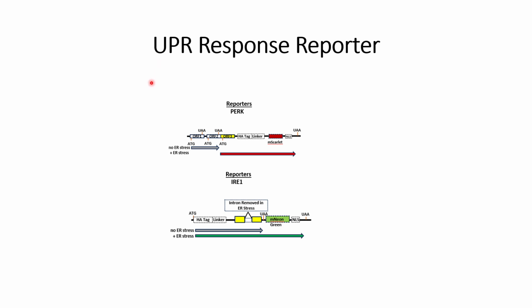The unfolded protein response has three major signaling activations. The first one is ATF6, which is not mentioned here, and the next two are the PERK pathway and the IRE1 pathway. In ATF6, what happens is that the ATF6, which is usually found in the internal membrane of the endoplasmic reticulum, moves into the Golgi apparatus and is then cleaved at a specific site within the Golgi apparatus.